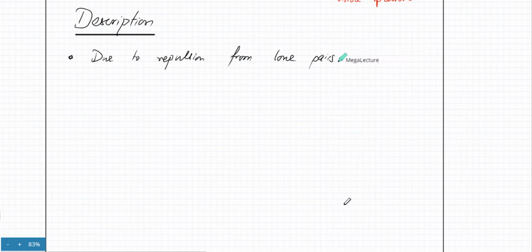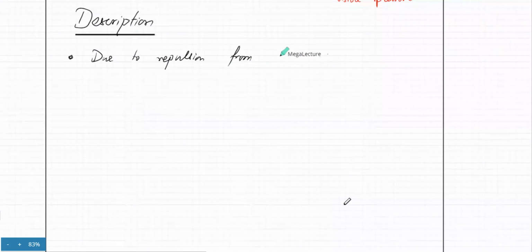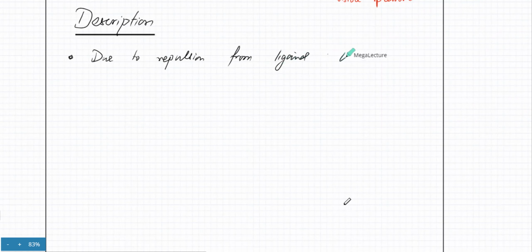Due to repulsion from ligand lone pairs, and this only happens when a complex is formed. So when a complex ion is formed, the 3d subshell splits into two energy levels.